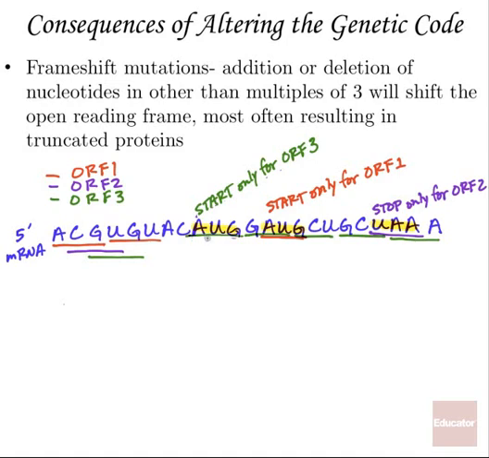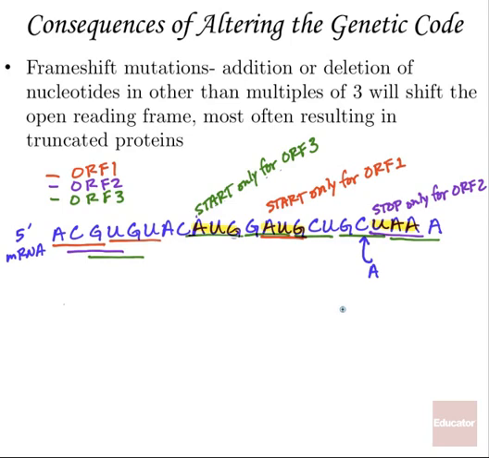So if we have an addition of a single base, okay, and if we say we add it right here, so a frame shift, okay, caused by the addition of an A right here, what that does is it shifts the open reading frame. So the new one, I'm gonna write it in red.